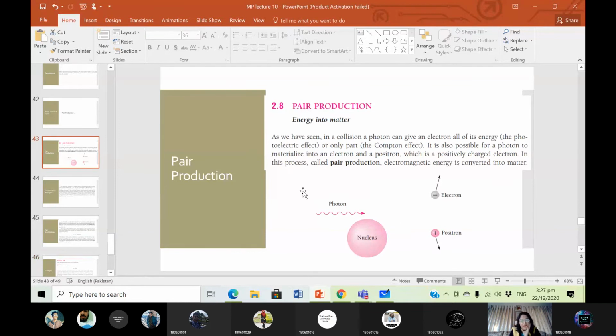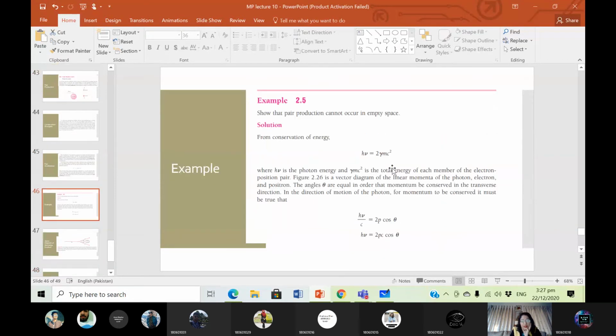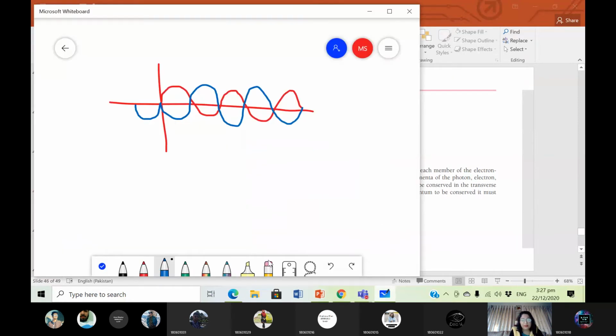The energy of the photon is h nu, and the energy of the electron-positron pair will be, as we know, the relativistic energy E equals gamma mc squared. This is our total energy.